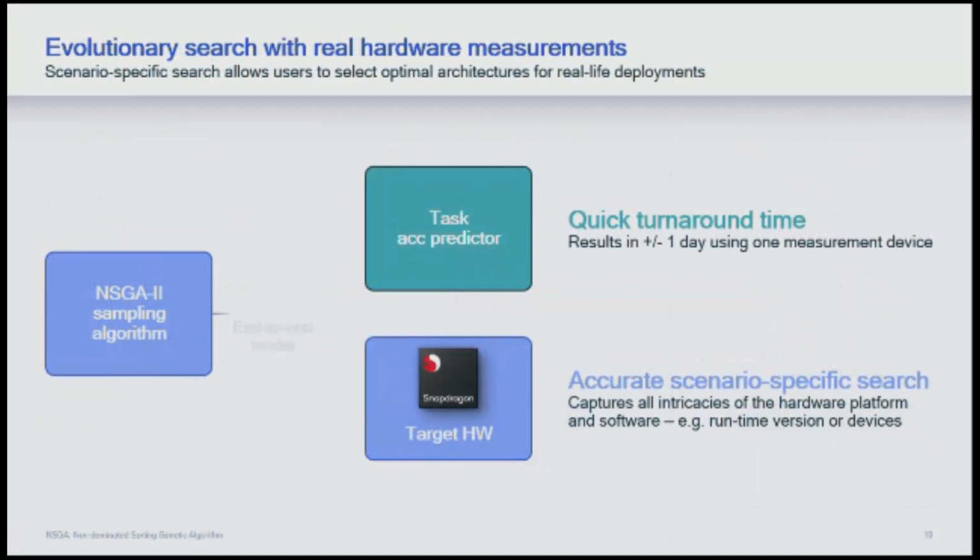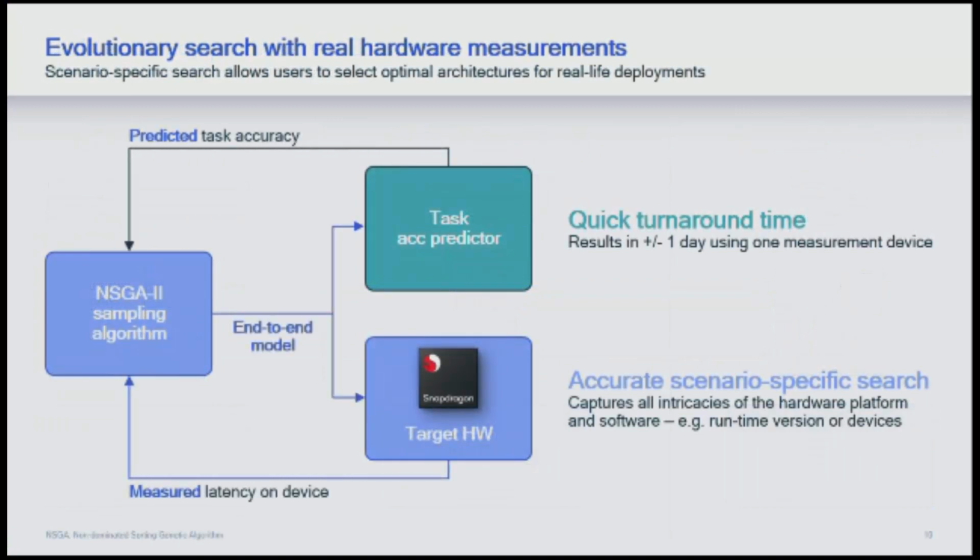After you build such an accuracy predictor, I have to mention that the accuracy predictor is parallel to your hardware constraint. After you have an accuracy predictor, you have your model definition and its predicted accuracy, but you don't really know how it performs on each hardware constraint. So you can plug in any hardware constraint here.